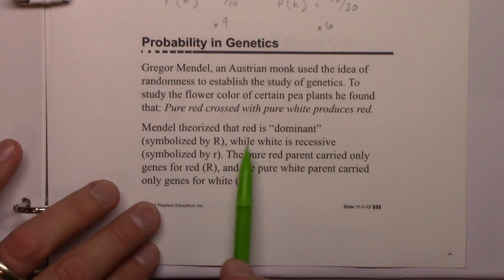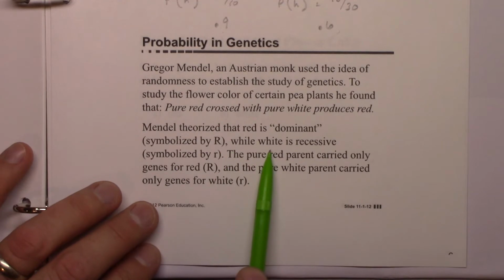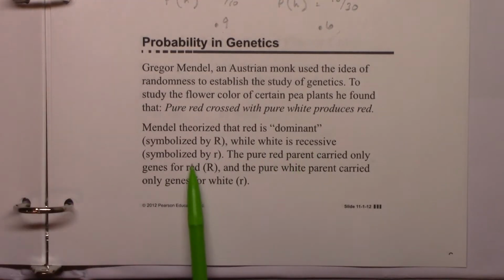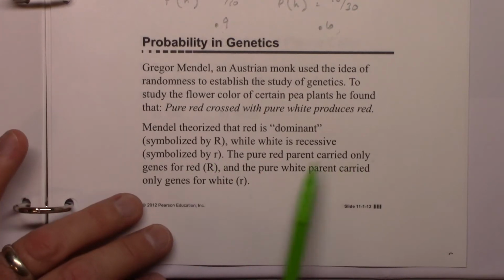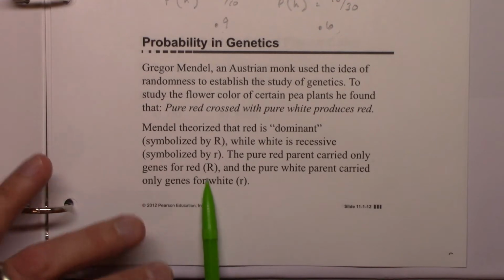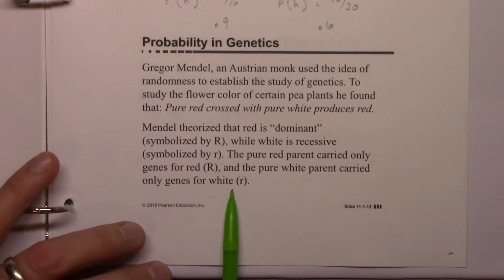So Mendel theorized that red is dominant, symbolized by capital R, while white is recessive, symbolized by lowercase r. The pure red parent carried only genes for red, and the pure white parent carried only genes for white.